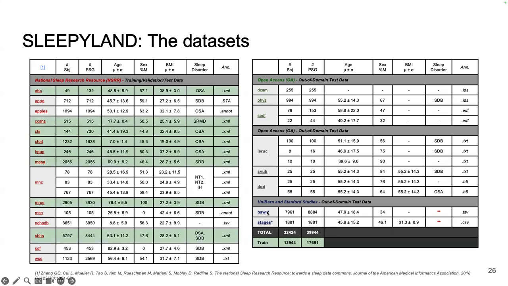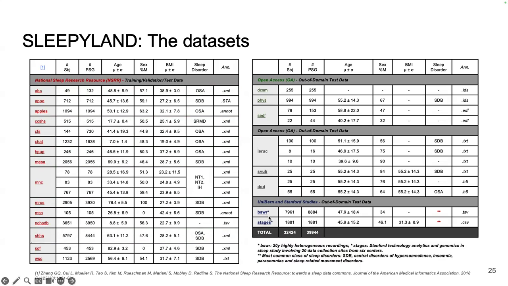Mainly that one is from the University of Bern, and here we have a lot of subjects, a lot of polysomnographies, and a set of sleep disorders that are not only about OSA patients or sleep disordered breathing patients, but in general we have a high heterogeneity in that database. So it's really good to have and to use to then test the algorithms.